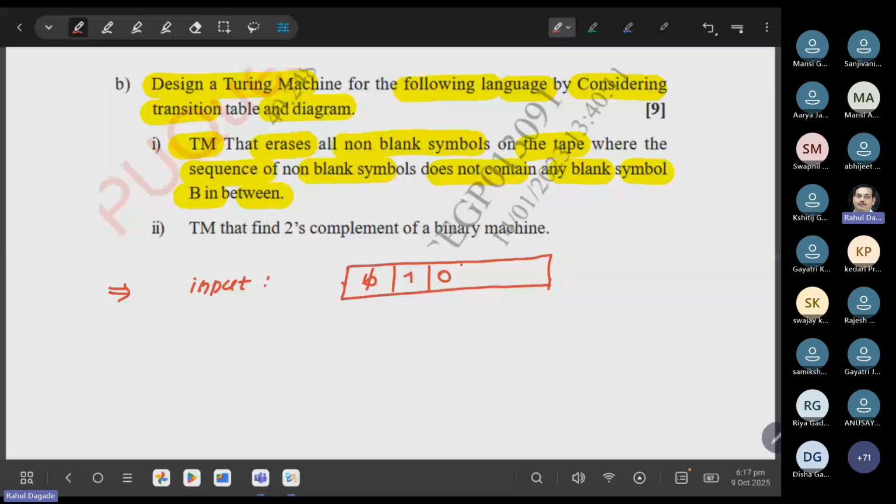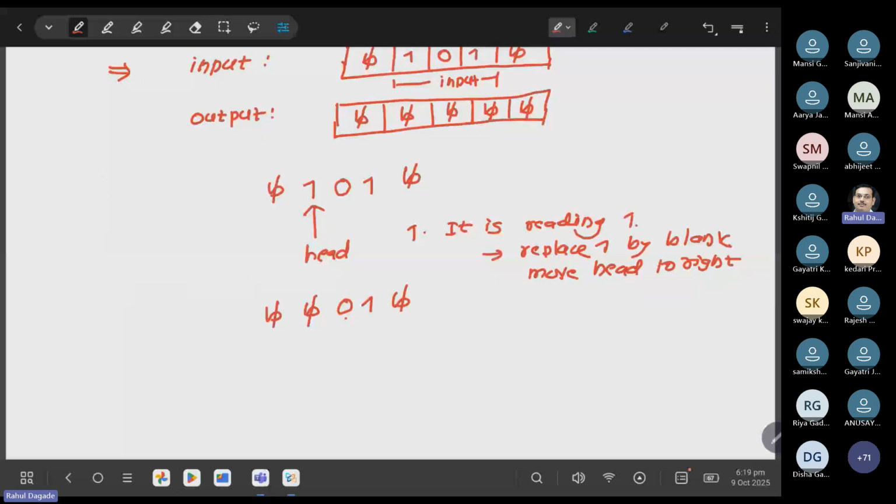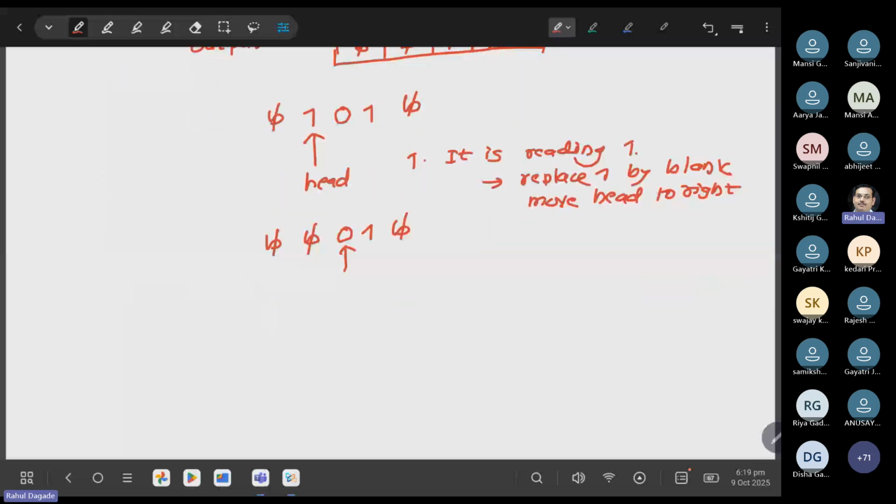Now our head is at 0 and head is at this position. Now it is reading 0. So what does it have to do?